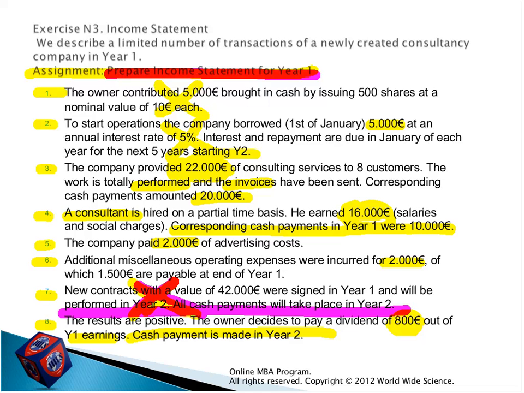It doesn't matter how the cash payments are made, by the full amount or by part of the amount. The most important thing is the whole amount of these expenses. Here the salary expense is 16,000, and as our consultant has worked during the year, he already did his job. Like we already gained some revenue, like 22,000.